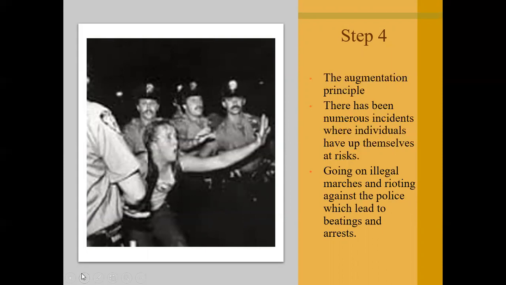We can look at lots of incidences through societies going back. And let's give you a nice historical example. Look at the suffragettes. They went on hunger strikes. They tied themselves to railings with chains and locks.